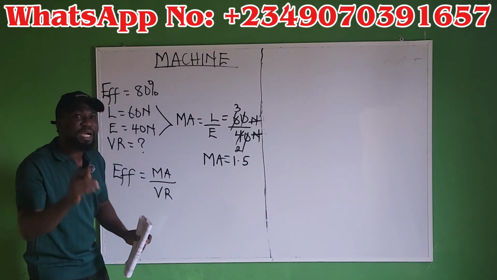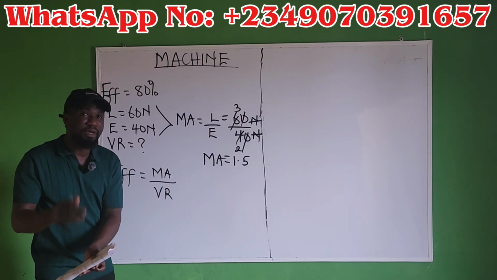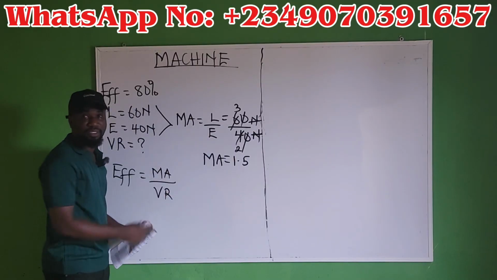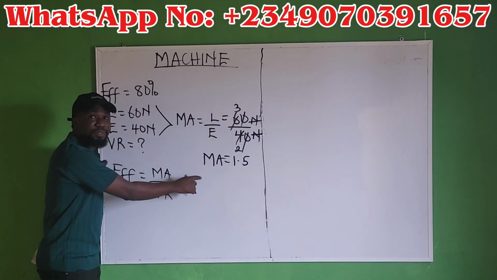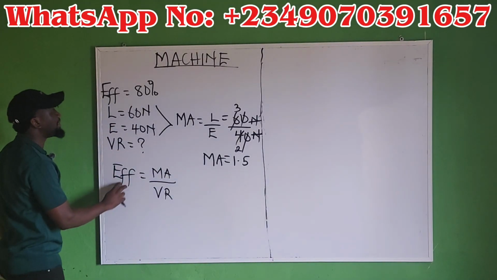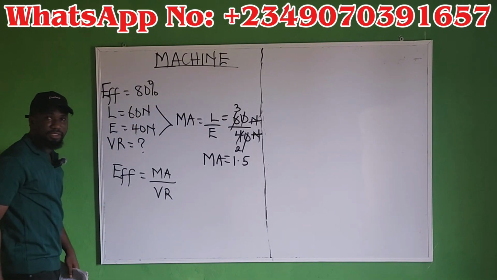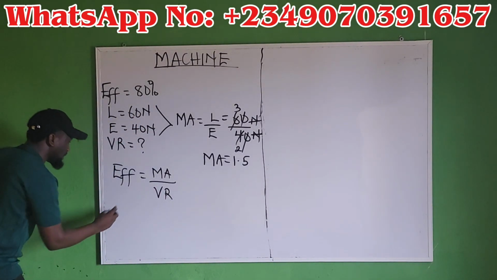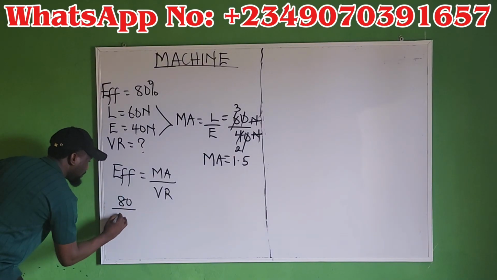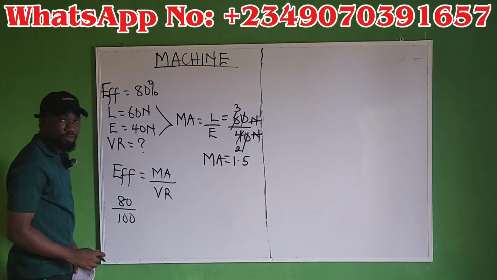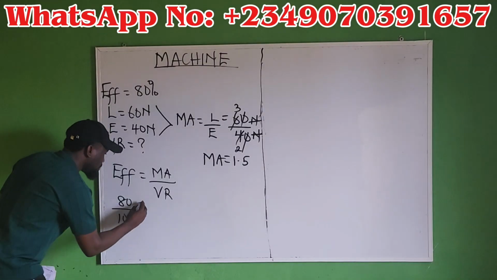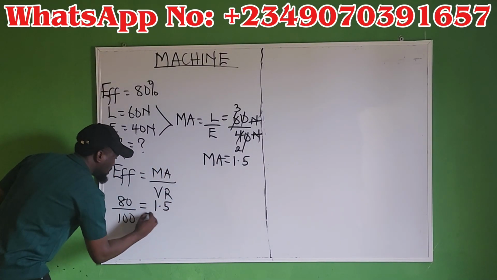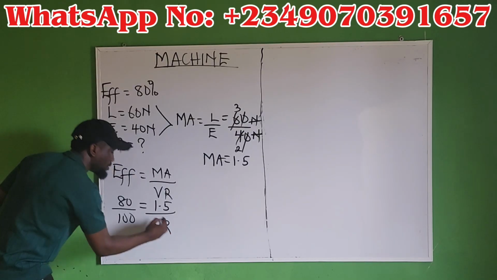If you are told to find efficiency, efficiency is always in percentage, so you multiply by 100%. I'm not putting the 100% here because the efficiency has been given in percentage. Please take note. So efficiency is 80%, that is 80 divided by 100, equal to mechanical advantage 1.5 divided by velocity ratio.